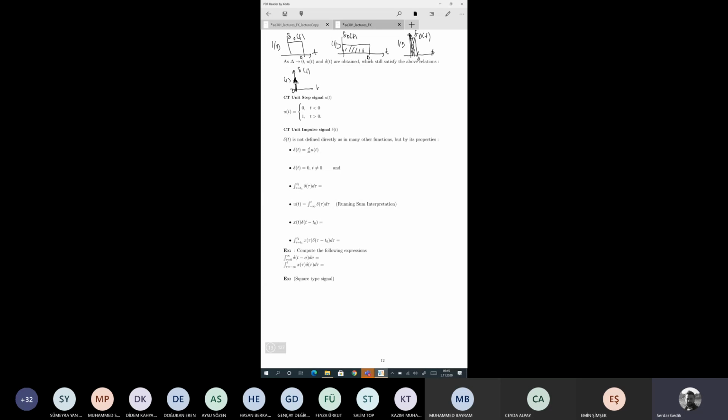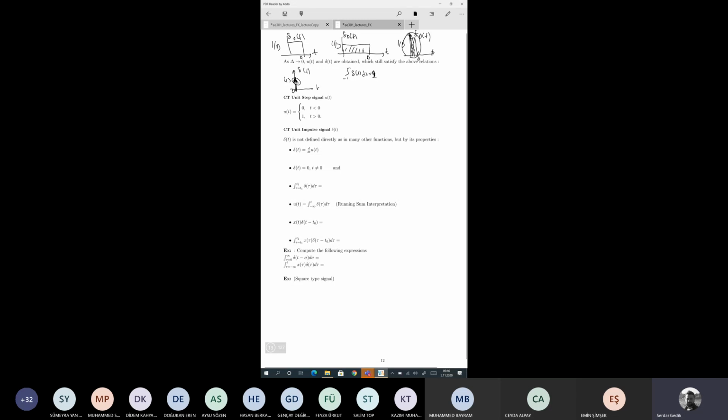The height goes to infinity, so this is why there is an arrow here. The height goes to infinity, but the area is 1. So if you integrate this from, let's say, minus 1 to plus 1, impulse of t dt is always 1.